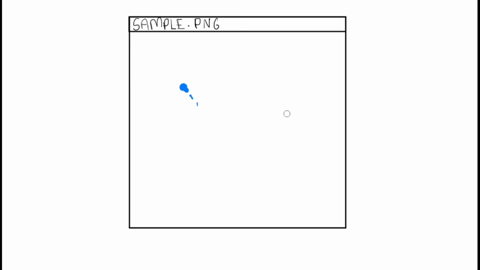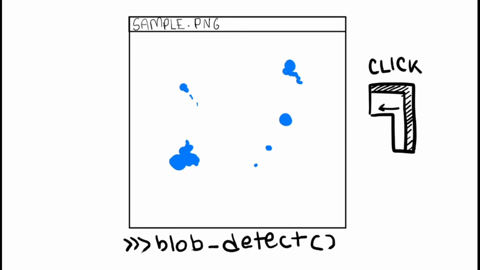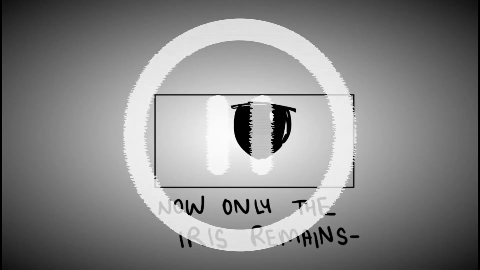Let's take this image with a set of distinct blue points. If we run blob detection on it and run the program, well, we get this as the result. So let's rewind back to where we had the iris only in the frame. Now let's run that same blob detection program on the iris.